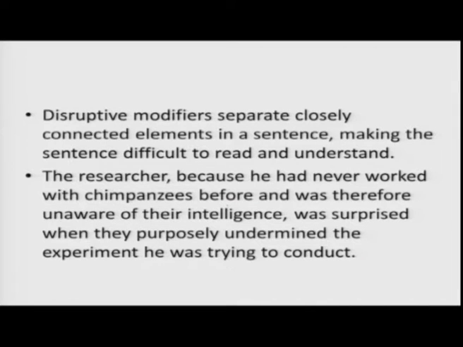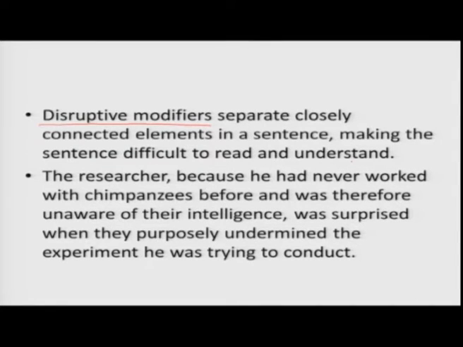The next issue is what we call disruptive modifiers. They separate closely connected elements in a sentence, making the sentence difficult to read and understand. So, we observed earlier that you should not break up a sentence by placing a modifier in between, and sometimes it makes the sentence ungrammatical as well.